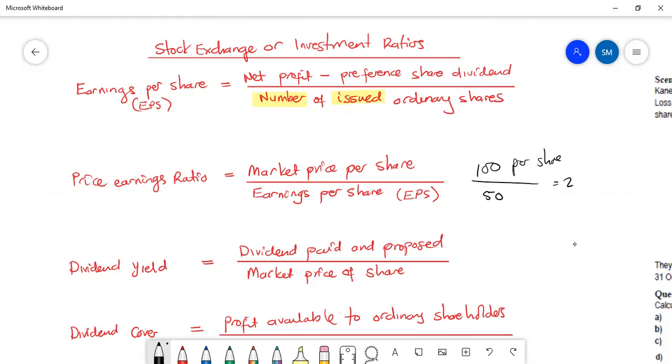Usually people say that the price earnings ratio represents the number of years' earnings that investors are prepared to pay to purchase one of the company's shares. So the higher the PE ratio, the greater the confidence investors have in the future of the company.